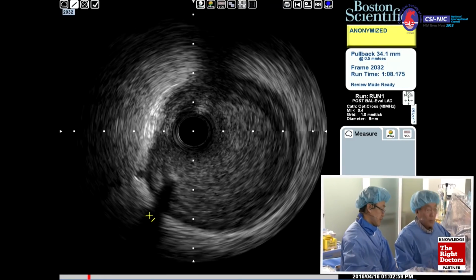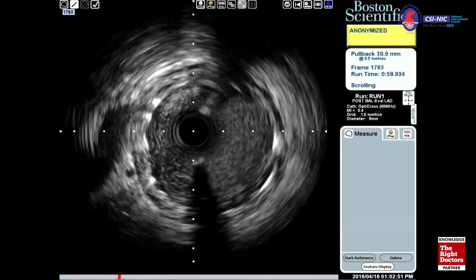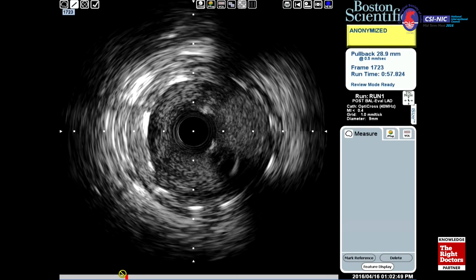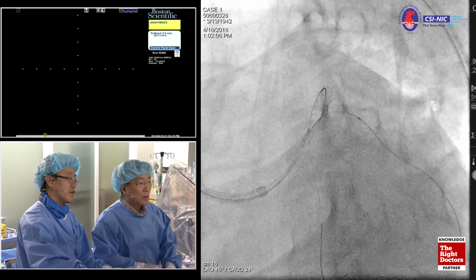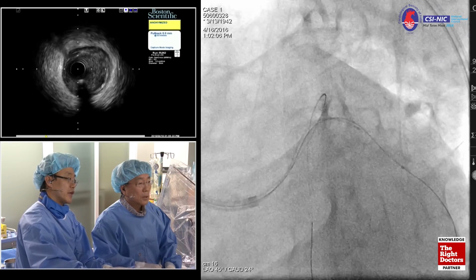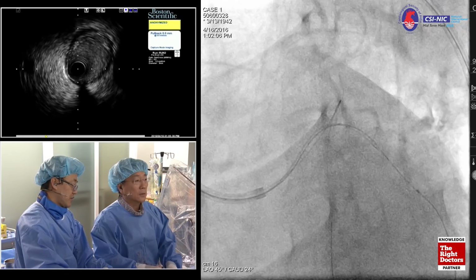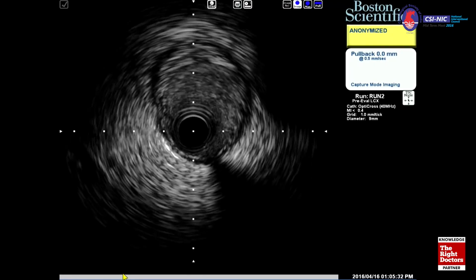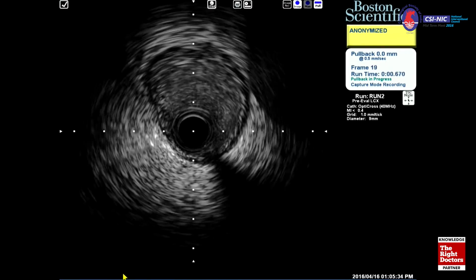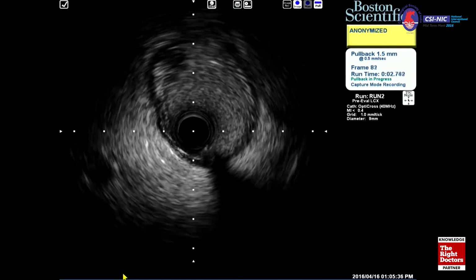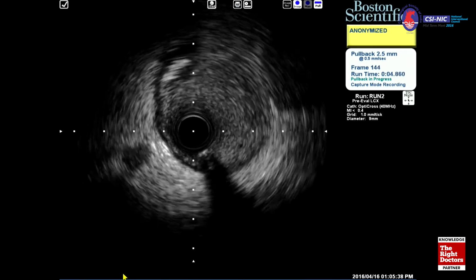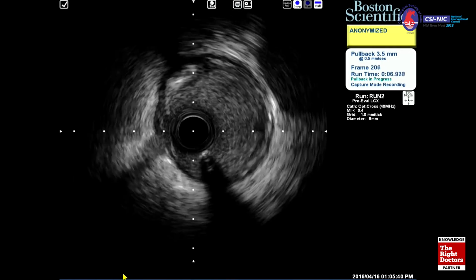Okay, so we're going to do the circumflex. There were some difficulties, however, it passed. Good luck. That is the proximal circumflex artery. Size-wise, it's almost 4.